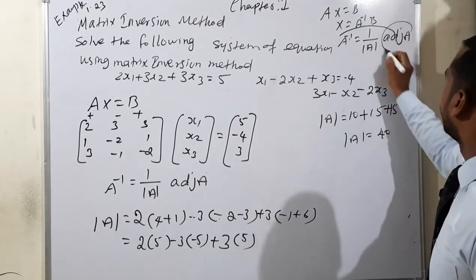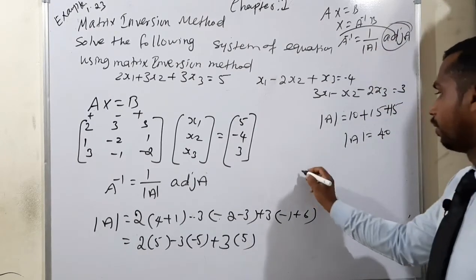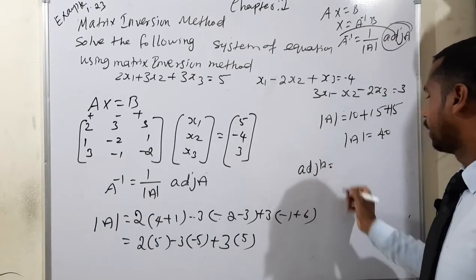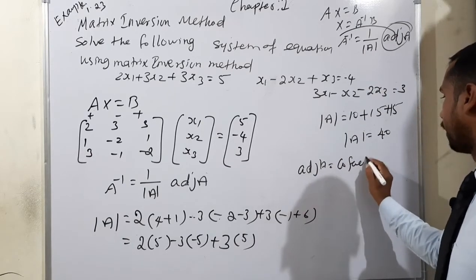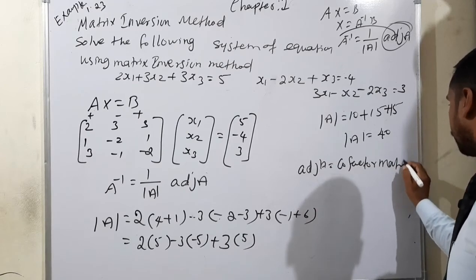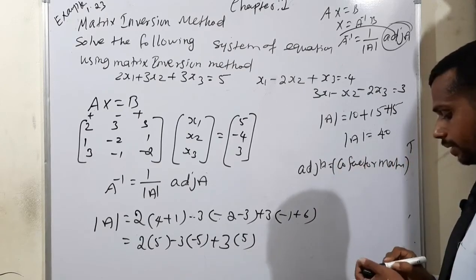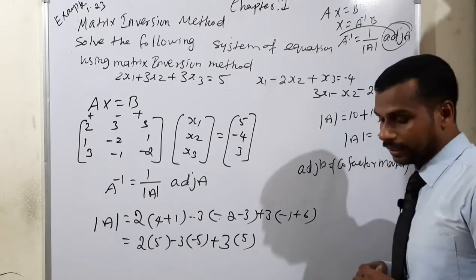Then what we have to find out? The adjoint of A. What is the meaning of adjoint of A? Adjoint of A means the transpose of the cofactor matrix. First you have to arrange it in cofactor matrix form.